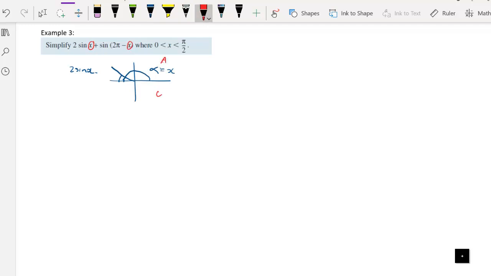And if we apply our CAST, we know in this section sine will be positive.